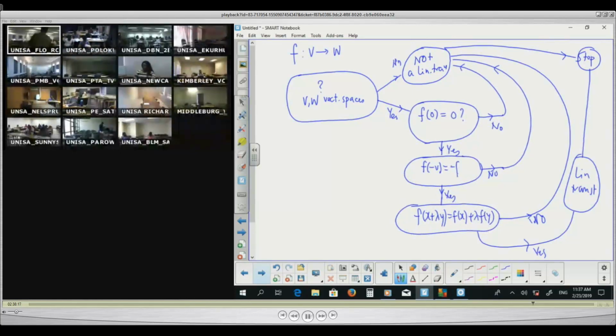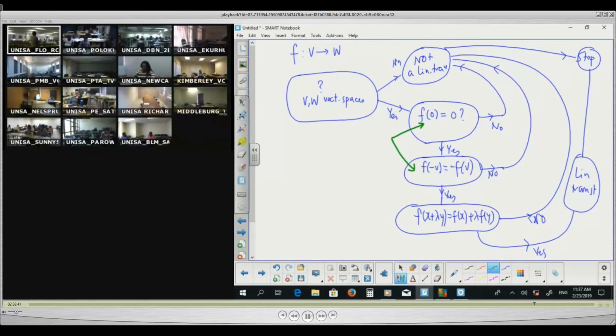Okay? Now in most of the problems, these two steps are very, very clear intuitively.